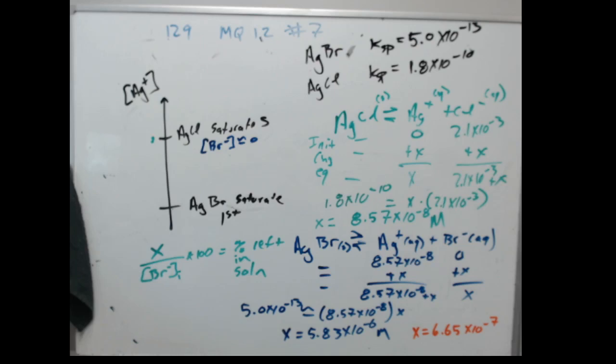Precious metal mining, silver mining, gold mining, were often done with this selective precipitation. If you had like a vein of silver in the wall, but it was not thick enough that you could mine it, you could take all of the rock slurry, wash it with something that would push silver ions into solution, take all of the water that's got your silver ions in it now, and then reprecipitate the silver ions back out.